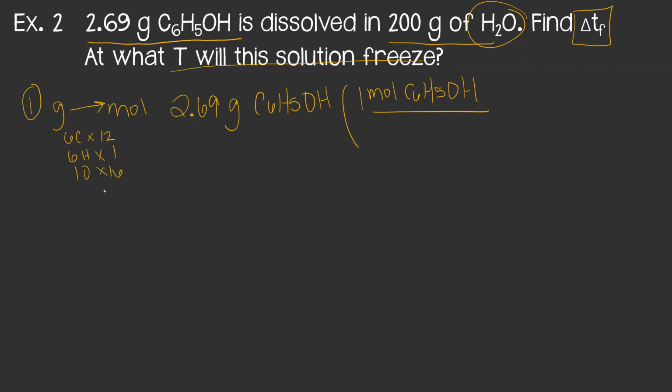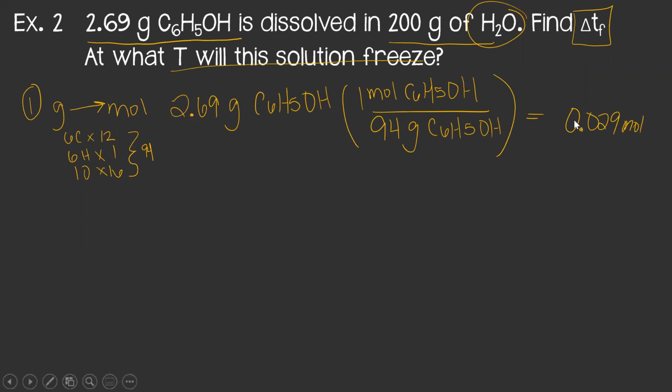So doing all of that math, I get that my molar mass is about 94. So 94 grams, C6H5OH, cancel out, grams on top. If I do that math, I'm left with moles, and I get 0.029 moles. You can put 0.03 if you want.